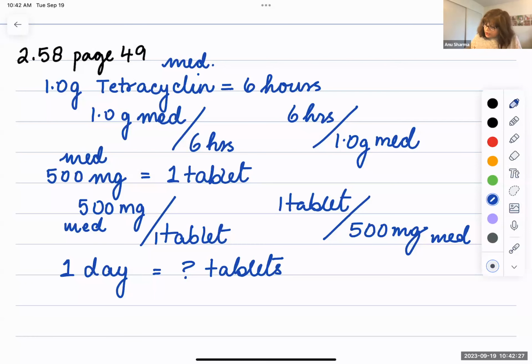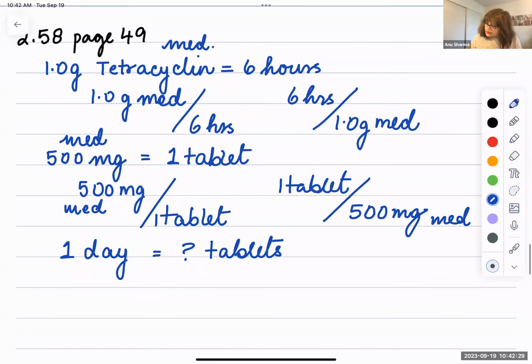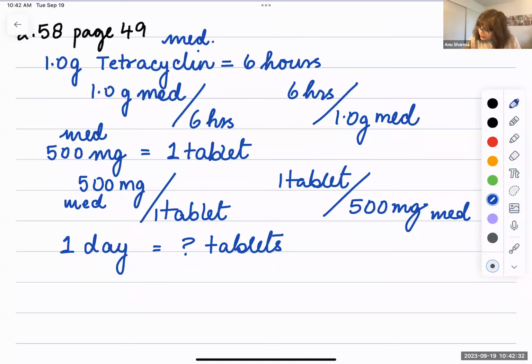So how do we do this? 1 tablet is 500 milligrams, and we need to give 1 gram every 6 hours. So that means we need to give 2 tablets in 6 hours.